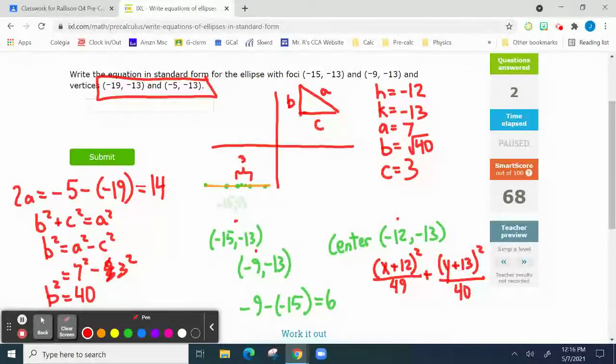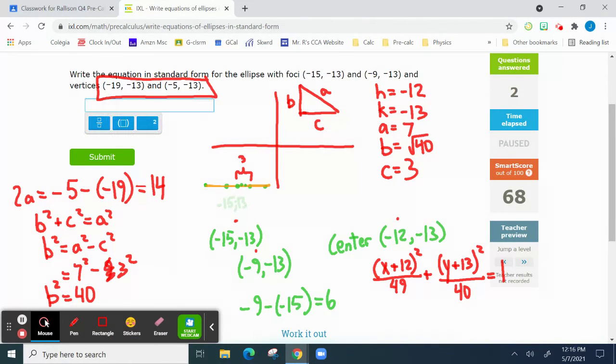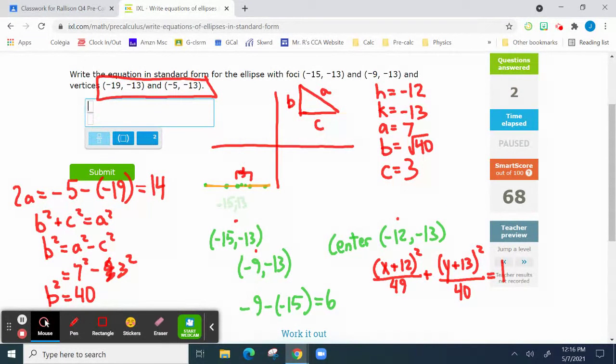So when you find b squared, you're actually finding the number you really need. So there's that, and now we'll put it in to see if I get to keep my job as a teacher. Here we go, and then we have parentheses, and then we have x plus 12. We'll go outside the parentheses to square that, and we'll put 49 on the bottom, and then we'll hit a plus there.